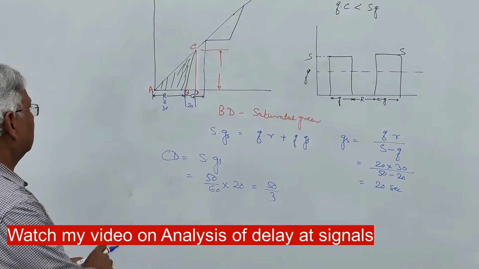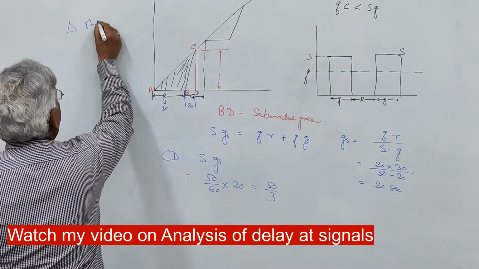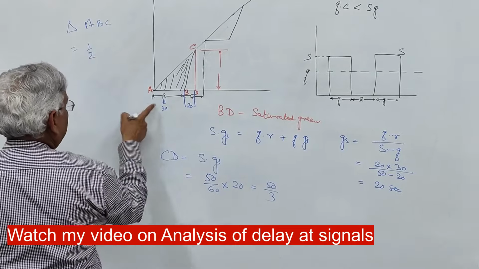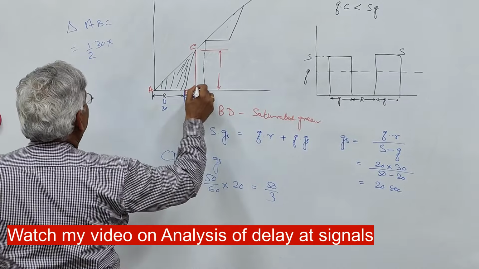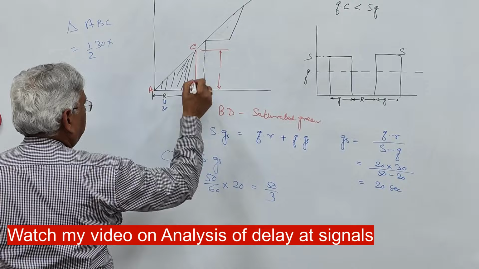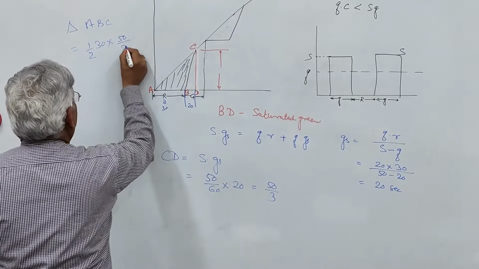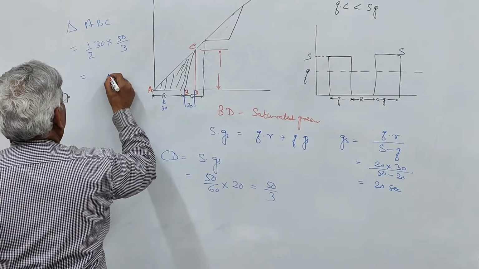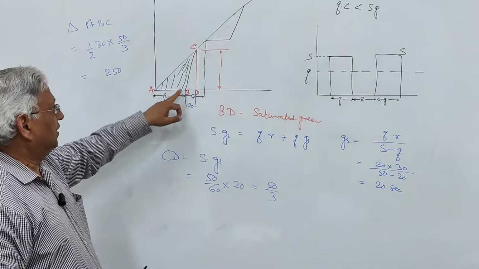Now we can find out what is the area. Area of triangle ABC is half of red time 30 into this CD. CD is 50 upon 3. So this is 250. So this area is 250.